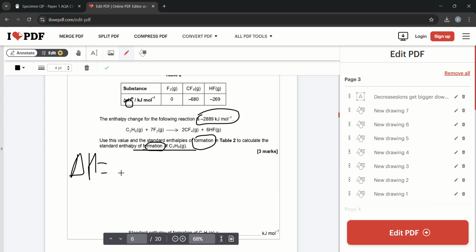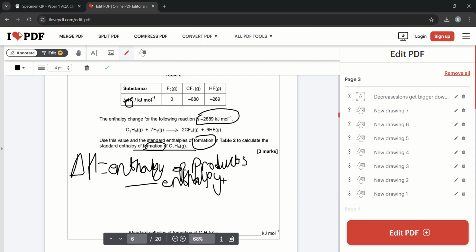So delta H is equal to enthalpy of products minus reactants. Whereas if it was combustion, it'd be reactants minus products, but it's formation. So enthalpy of products minus enthalpy of reactants.